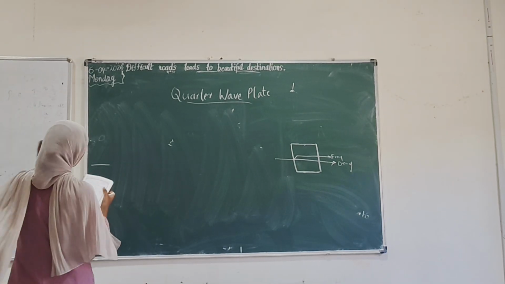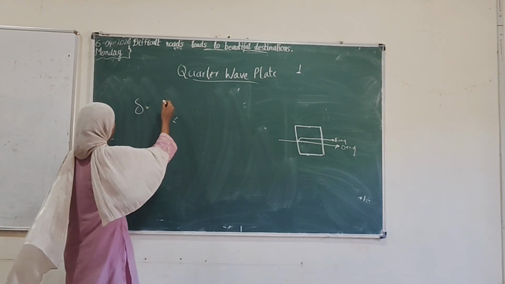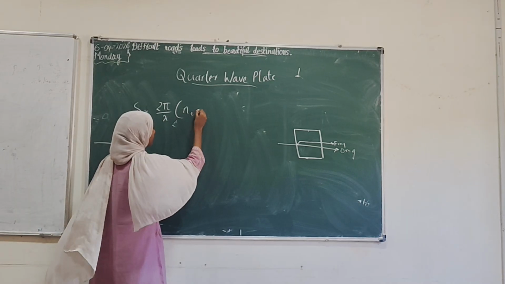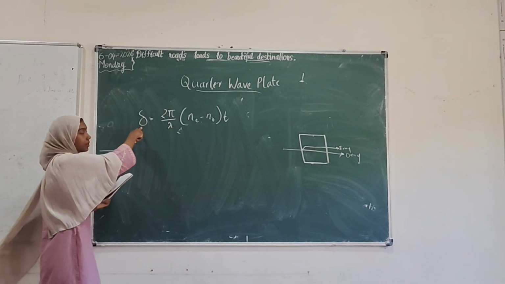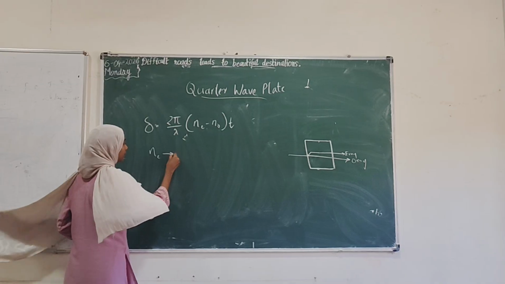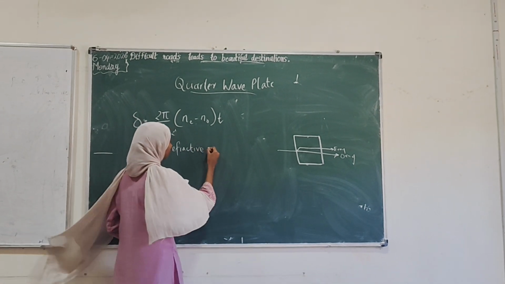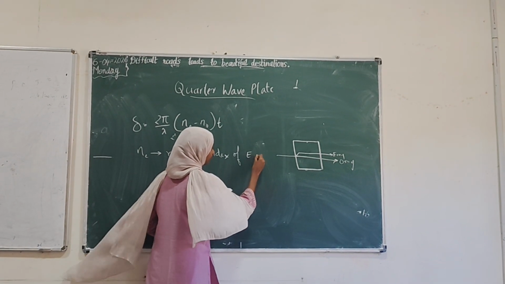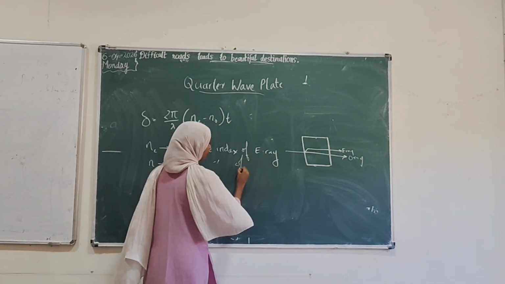So there is an equation for the phase difference produced between the two legs, that is delta equals 2 pi by lambda times (n_e minus n_o) times t, where delta represents the phase difference produced, lambda is the wavelength, n_e is the refractive index of extraordinary light, and n_o will be the refractive index of ordinary light.